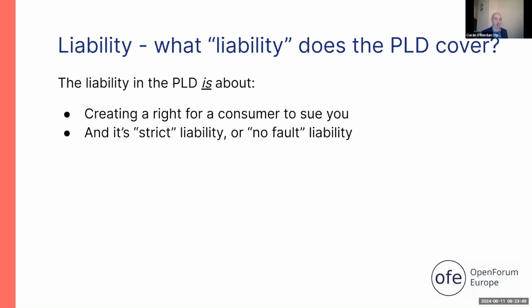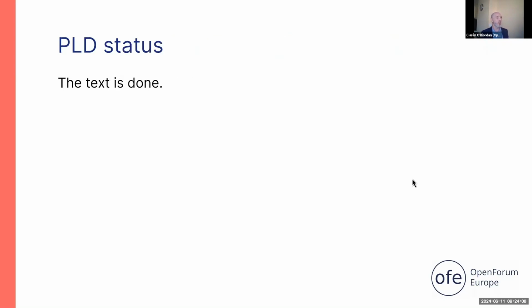So if there is damage caused by the software, you can't say, I didn't mean the software to do that, or it wasn't my intention, or I wasn't negligent. You can't use that as a defense. If the software caused damage, then liability may exist.